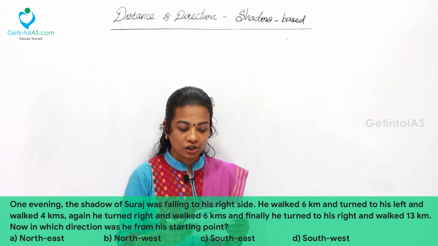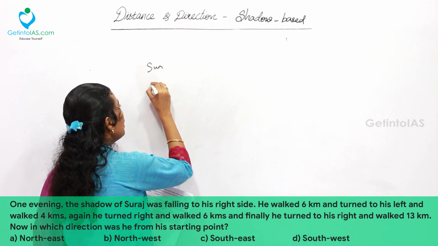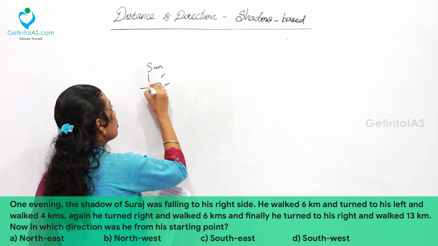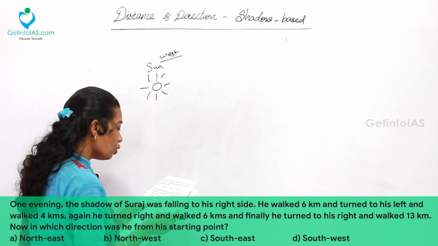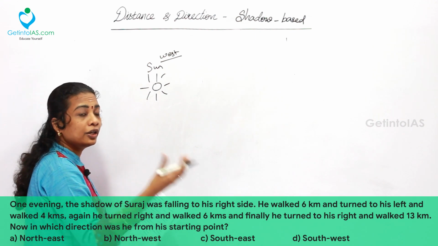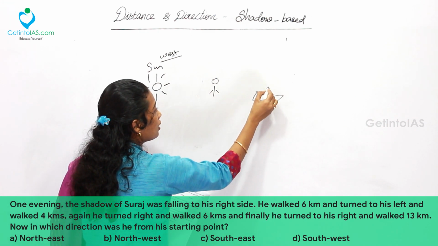Now moving on to the question. Evening time, the sun will be on the west side. Shadow of Suraj was falling to his right side, which means Suraj here, this is the shadow.